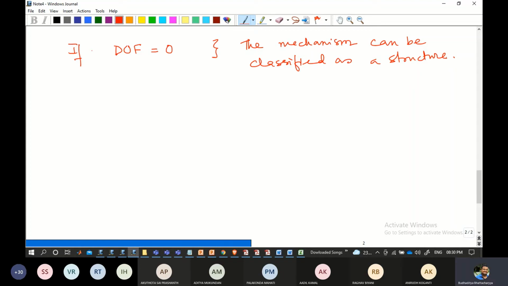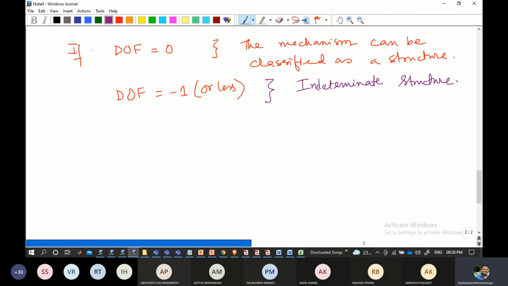If the calculated DOF is equal to minus 1 or less, negative in that way, then this basically forms an indeterminate structure.